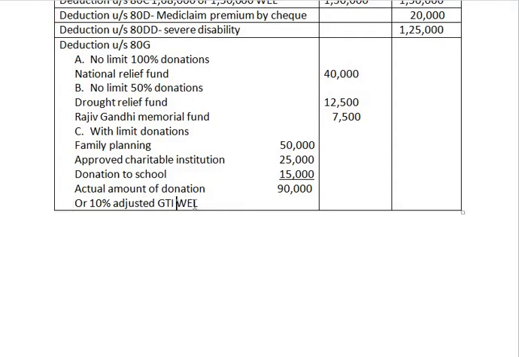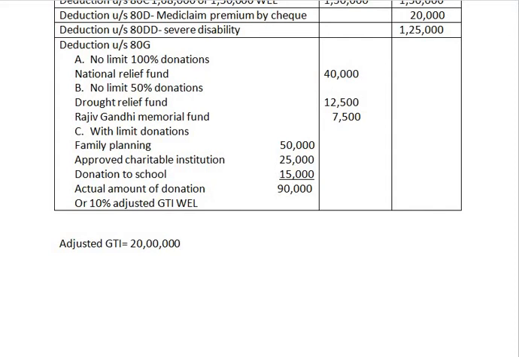Now we have to find 10% of adjusted GTI. We will find it on the next line. Adjusted gross total income is calculated as: first, gross total income is 20 lakh rupees.